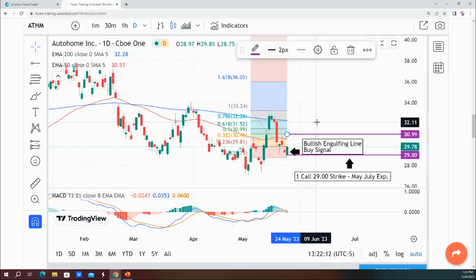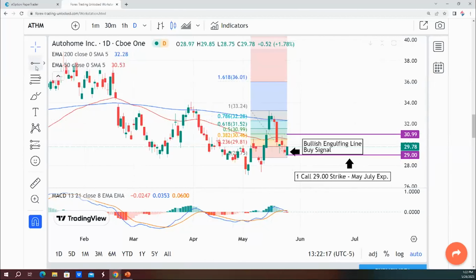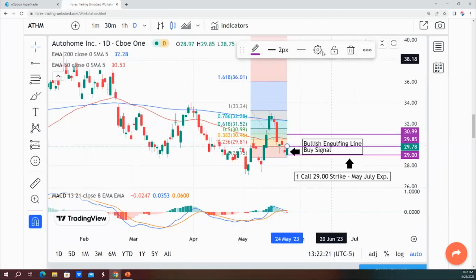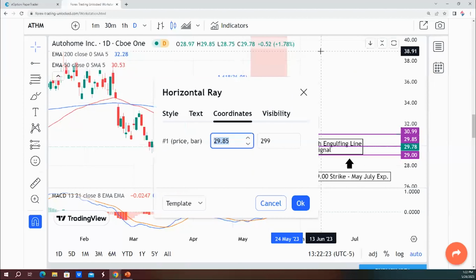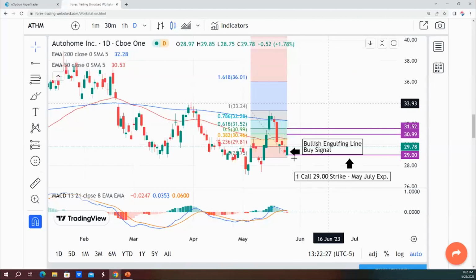Okay, and then we also have another one we're going to set up here at 31.52. Okay, so for our buying range here, we have a $29 strike price, and we're looking for the market to get just above 31 to almost 31.50 and change for at least a short-term move.